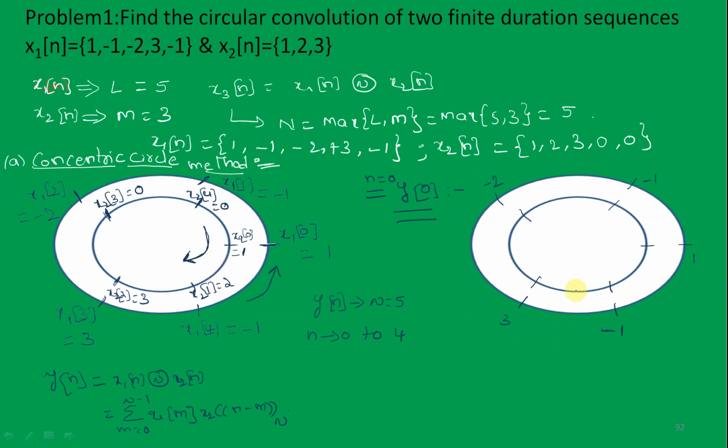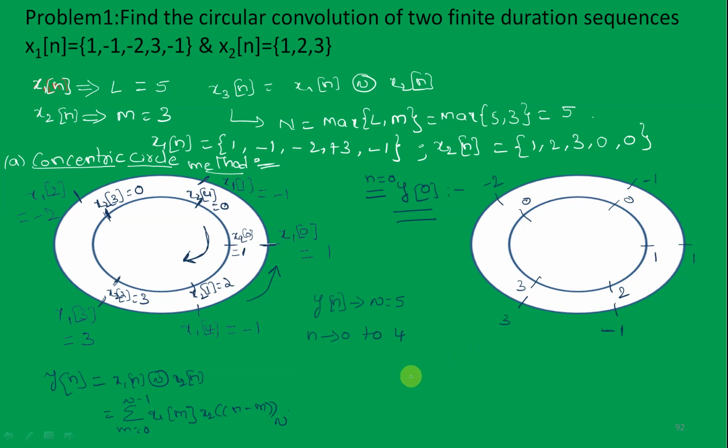The outer circle positions are stable, while the inner circle values are rotated in anti-clockwise direction, but initially at n equal to 0 the inner circle is in the same position: 1, 2, 3, 0, 0.